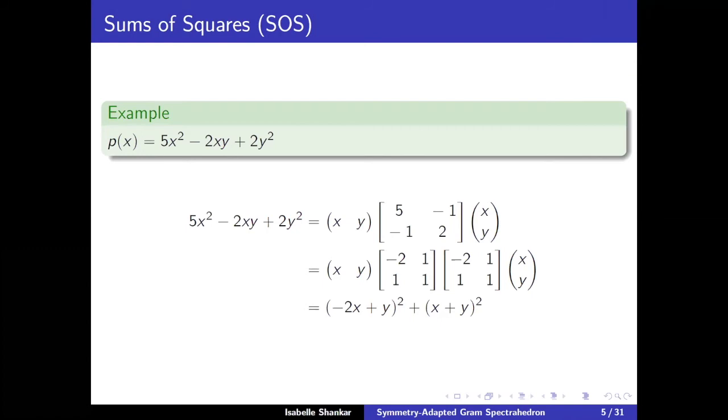I see that these decompositions aren't unique. When I look at that polynomial, the most obvious one that comes to mind is 4x² plus (x − y)² plus y², but that one's got 3, so this one's smaller. Yeah, definitely, they aren't unique.